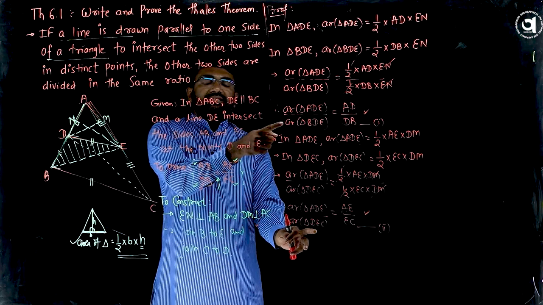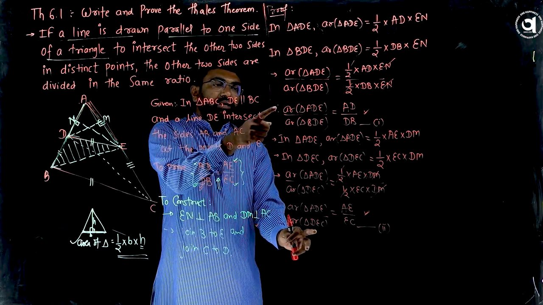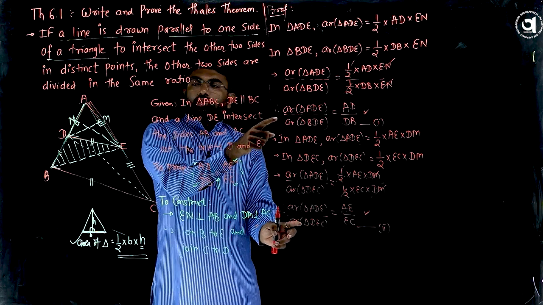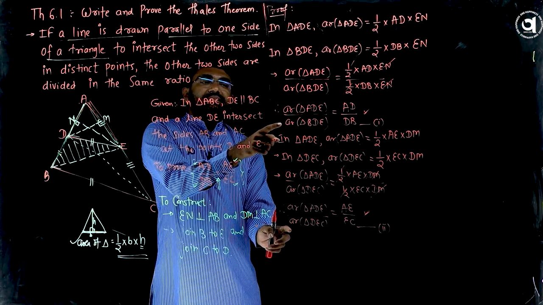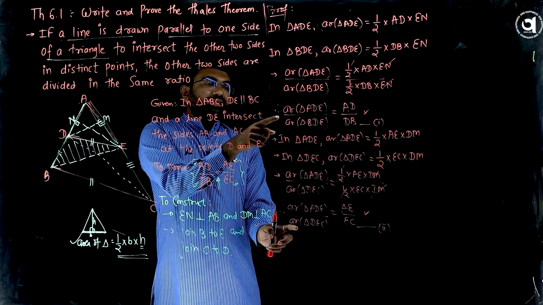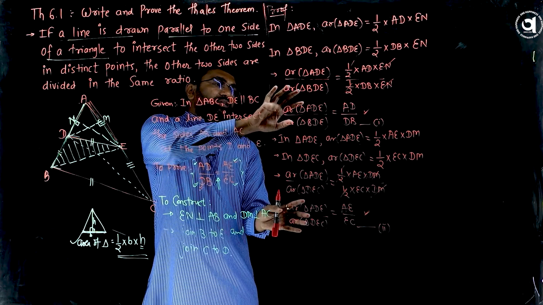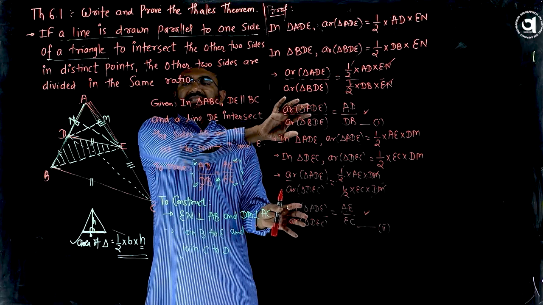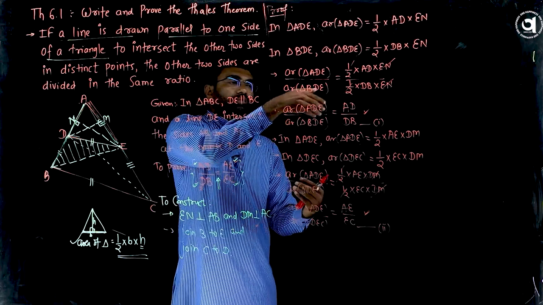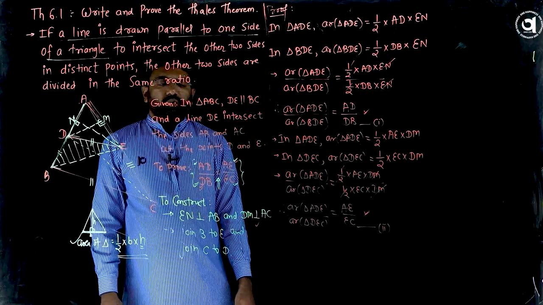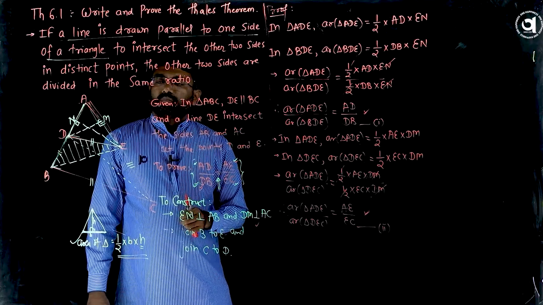So we have to prove that the areas of these two different triangles are the same. If these two denominators are the same, then both left hand sides are equal, so both right hand sides are equal, which we need to prove.